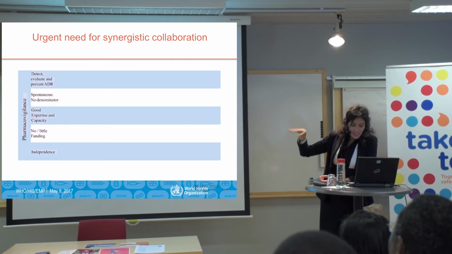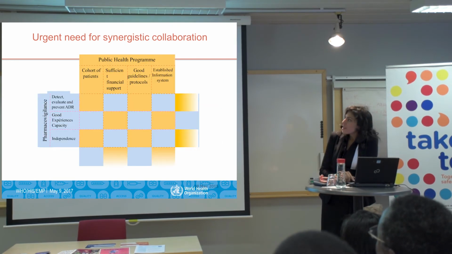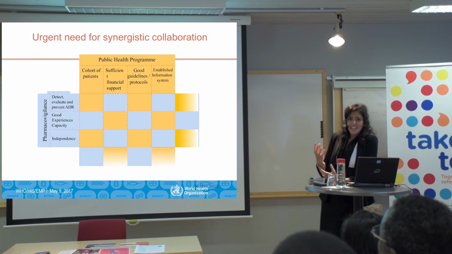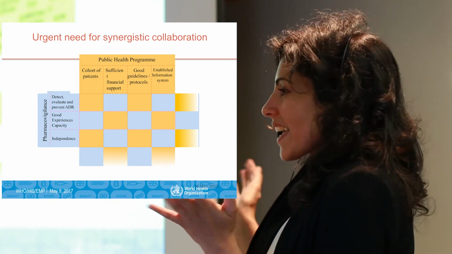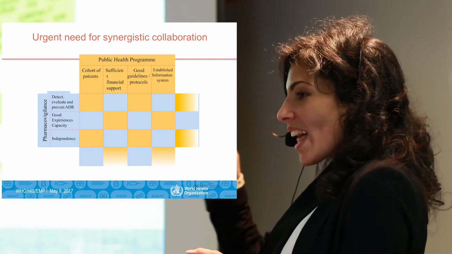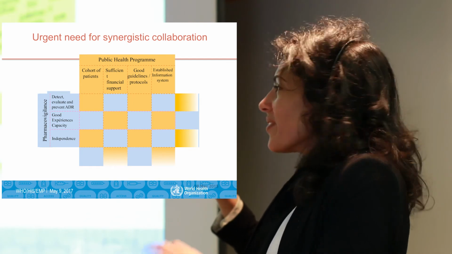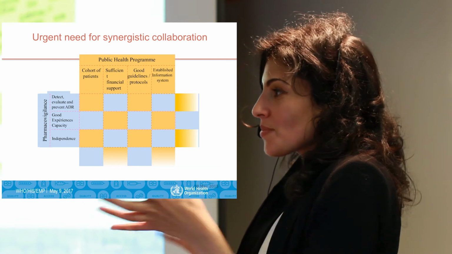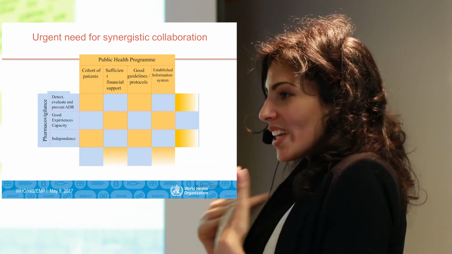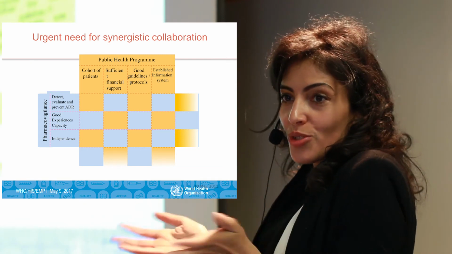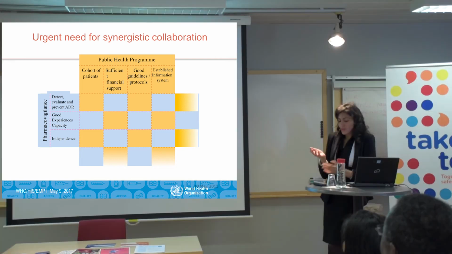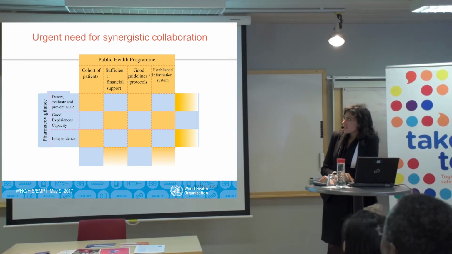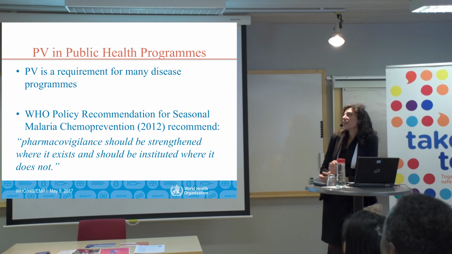If I put them together, the negative things are cancelled out. What the public health programs have, and the PV centres don't have, makes up for it. So by integrating them together, you're getting rid of the negative things, and you're sharing all the resources and the positive things. So PV and public health programs.